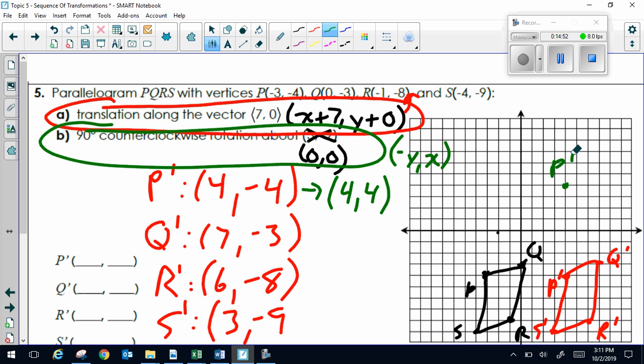Here's my P double prime. Same thing here. So this would be now at 3, 7. That's Q double prime. This will be now at 8, comma 6.